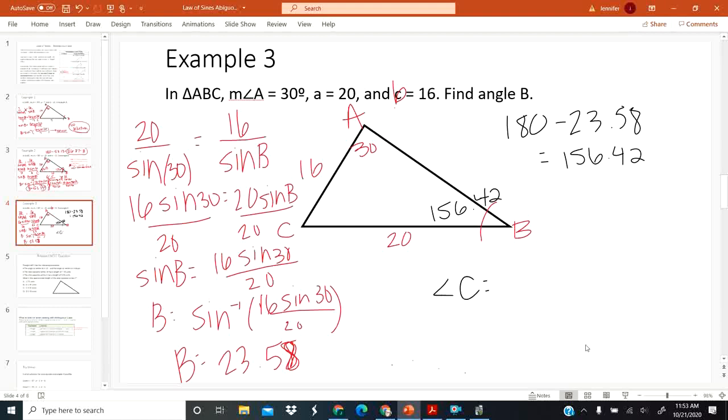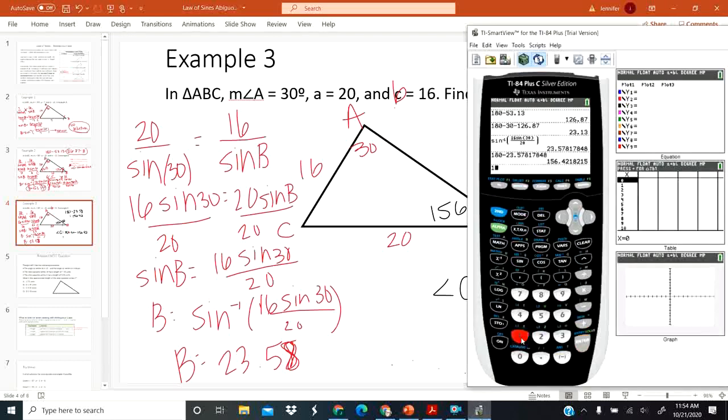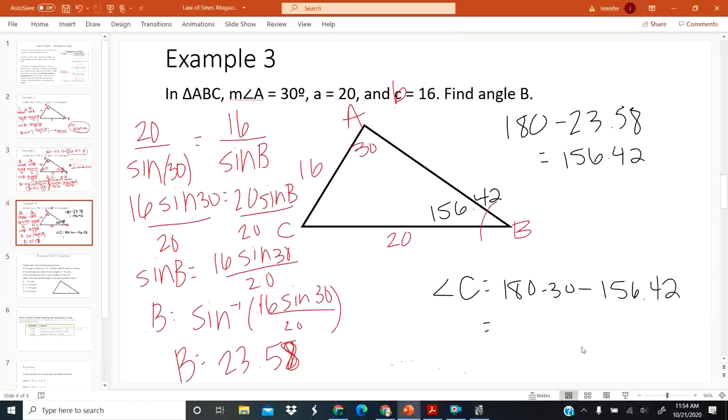So for angle C, I would do 180 minus angle A, which is 30 degrees, minus angle B, which is 156.42. And that would equal negative 6.42 degrees.